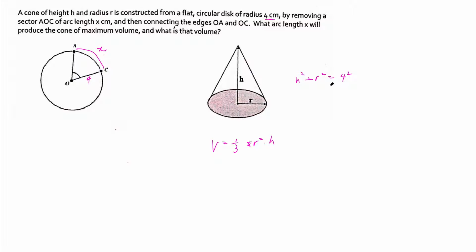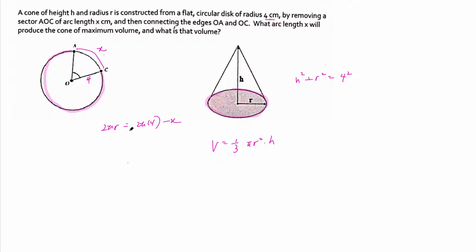Okay, so what is the relationship between r and x? Well, this length here is equal to this length. So 2 pi r is equal to the circumference of this, which is 2 pi 4 minus x.